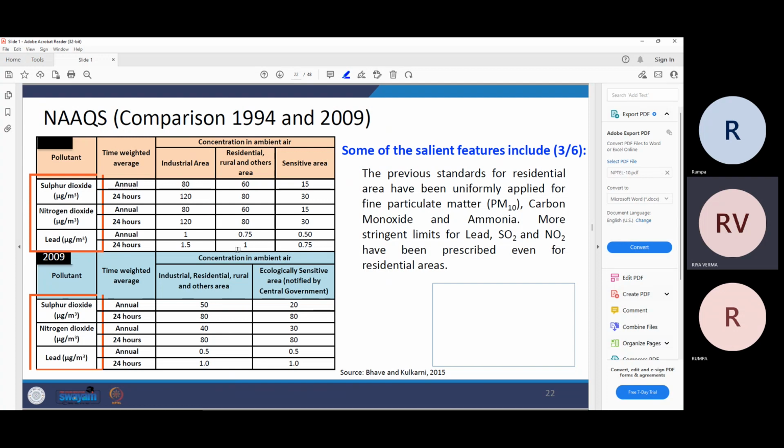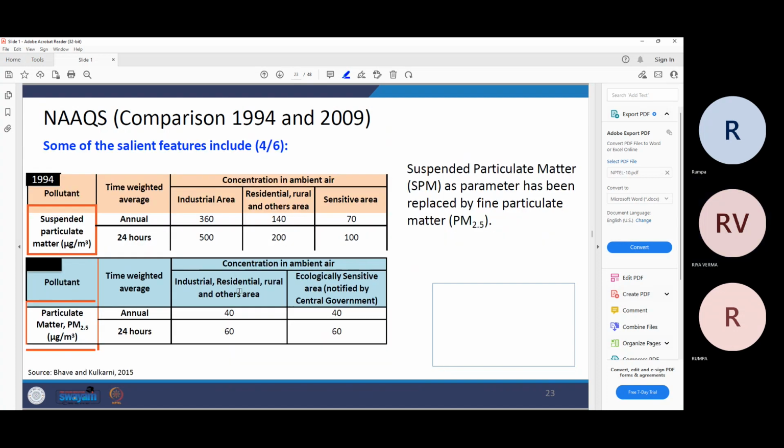For lead, the annual average has been reduced from 0.75 to 0.5. For nitrogen dioxide, earlier it was 60 and now it has been reduced to 40. Similarly for sulfur dioxide, earlier it was 60 and now it has been reduced to 50. So more stringent limits have been applied for these pollutants.